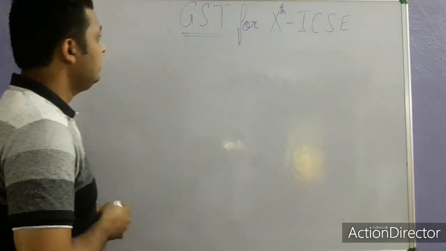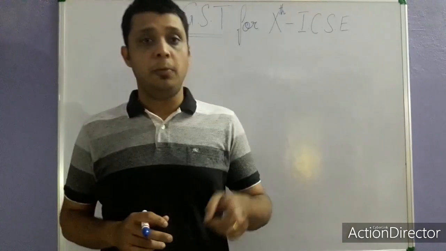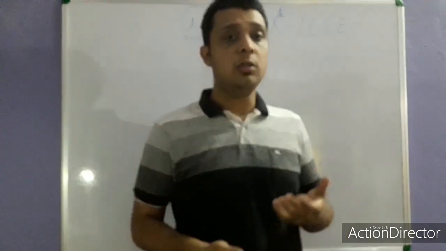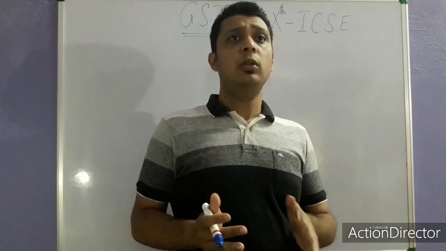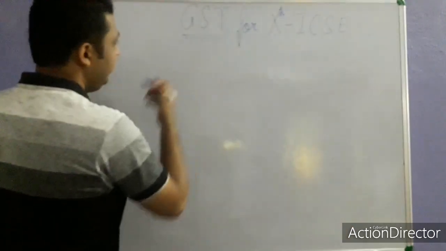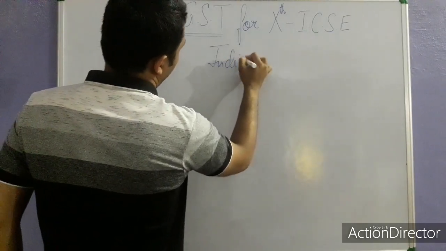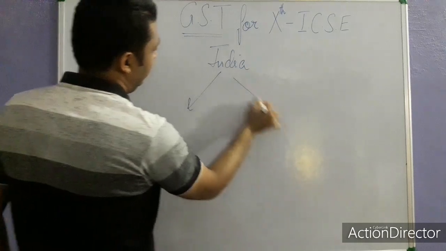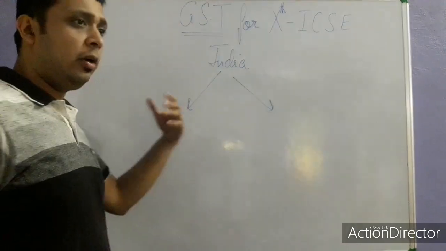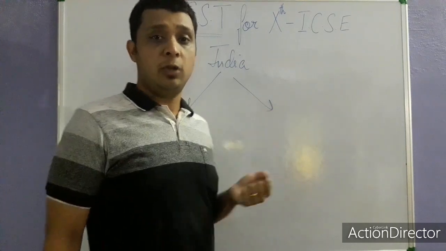So let us discuss, but first of all, before knowing about the components of GST, we should know the tax structure of a country. So let us say a country, India, is governed by two types of government.